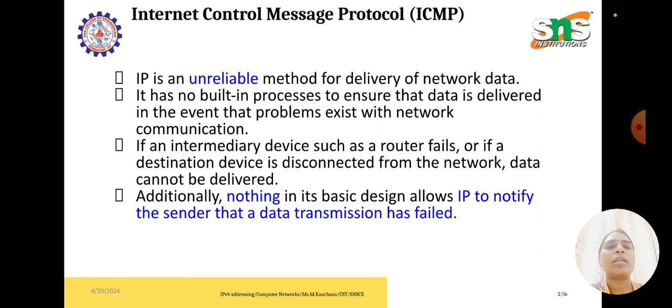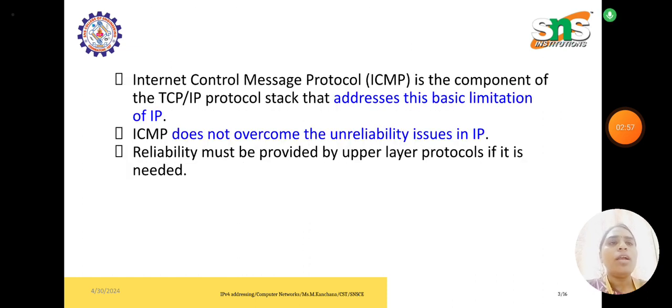If an intermediary device such as a router fails, or if a destination device is disconnected from the network, the data cannot be delivered. Additionally, nothing in its basic design allows IP to notify the sender that the data transmission has failed. ICMP is a component of the TCP/IP protocol stack that addresses the basic limitations of IP.